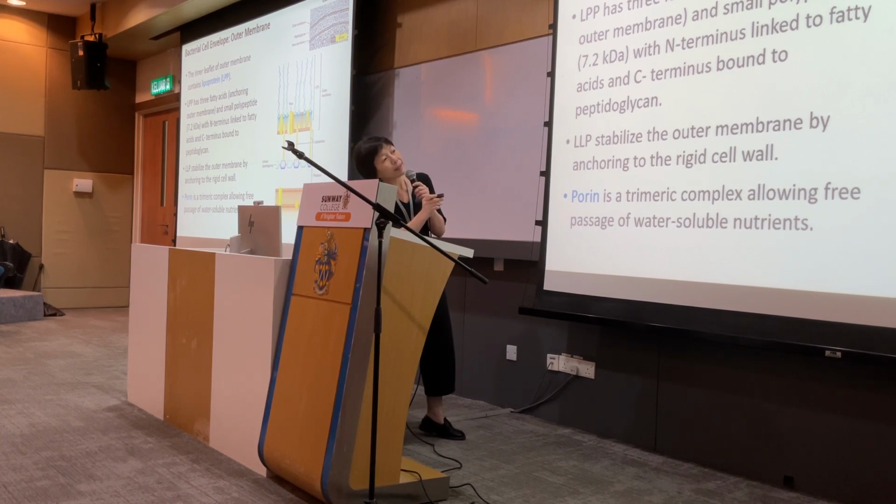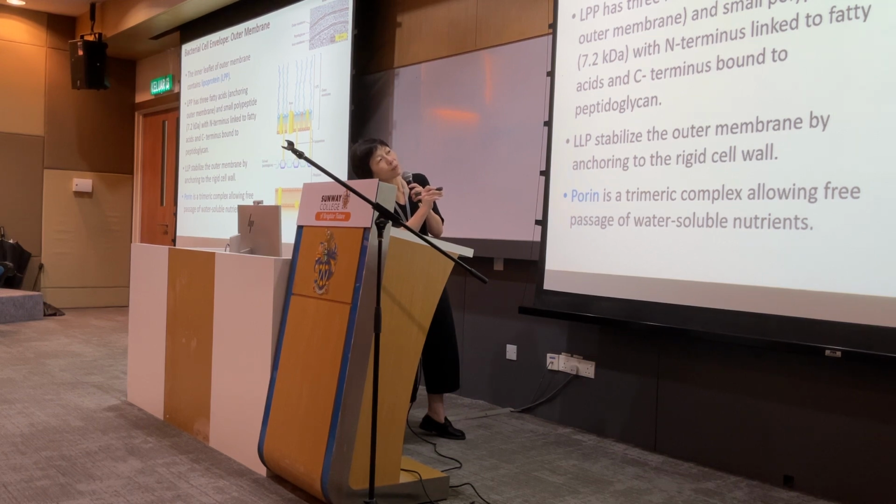The lipoprotein is actually anchored between the outer membrane and also the peptidoglycan. It's like holding and anchoring it so that the outer membrane will not fracture so often. So it's making the structure firm.